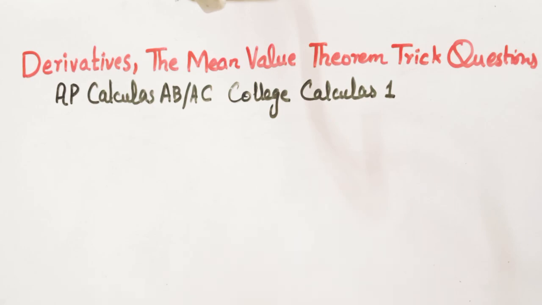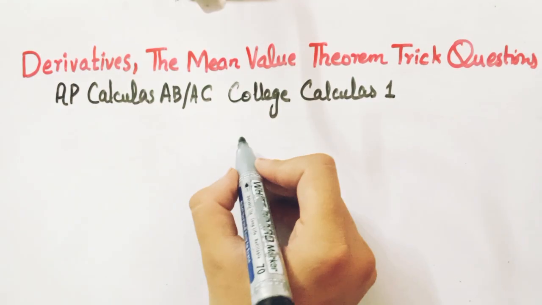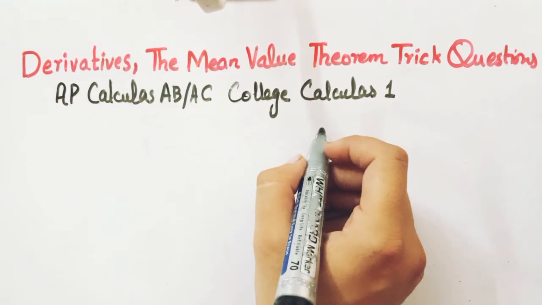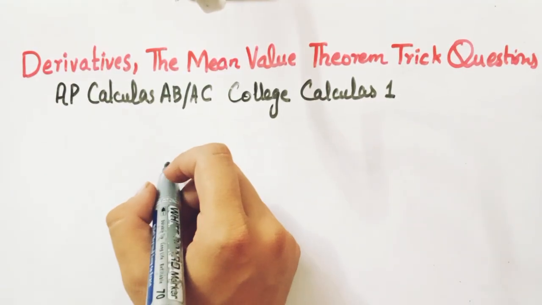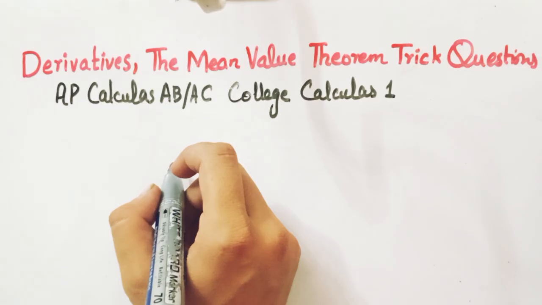But professors and the College Board love to set a trap. They will hand you a function on a specific interval, and if you blindly start doing the algebra without checking the two critical conditions first, you will get a completely wrong answer and lose points.